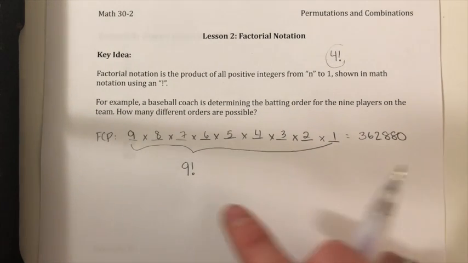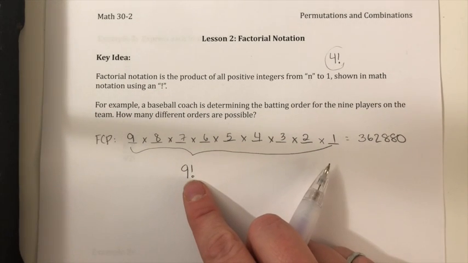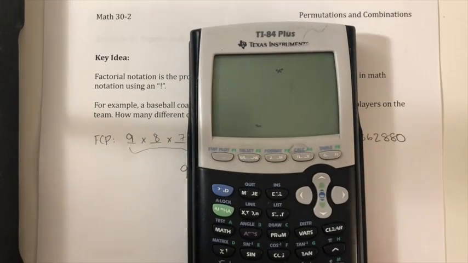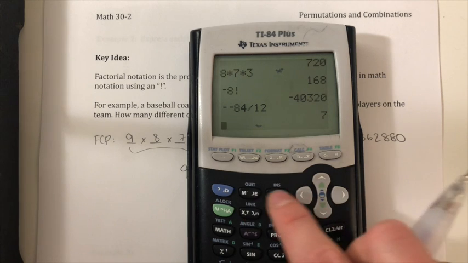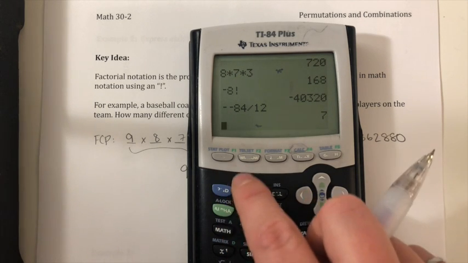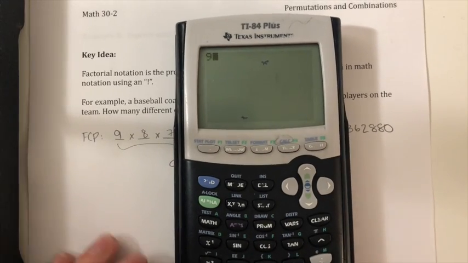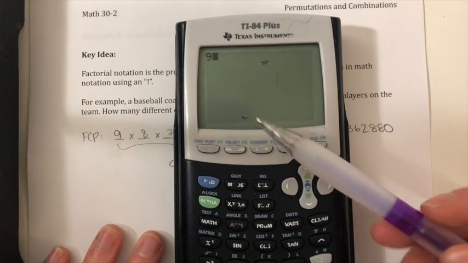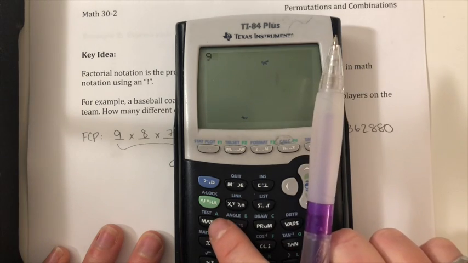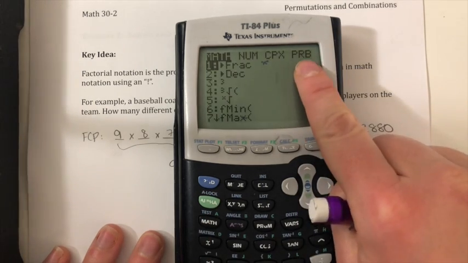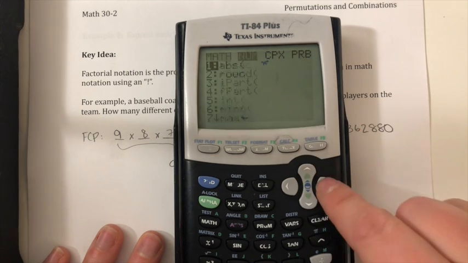If we punch this on our calculator, it is going to give us the same result. We're going to go through how we can do that. Press the 9 button because we want 9 factorial, and then hit math, which is just below the alpha. Then scroll over to PRB, which is probability.